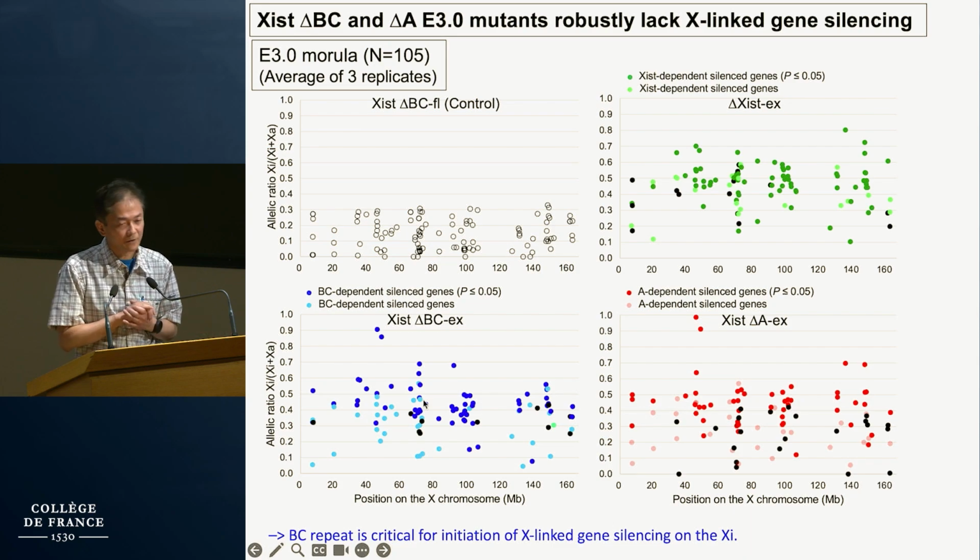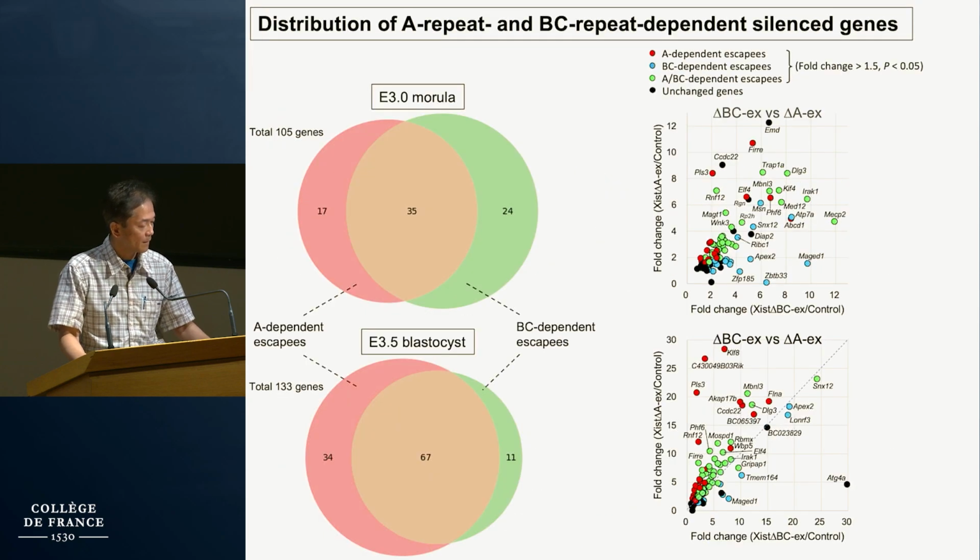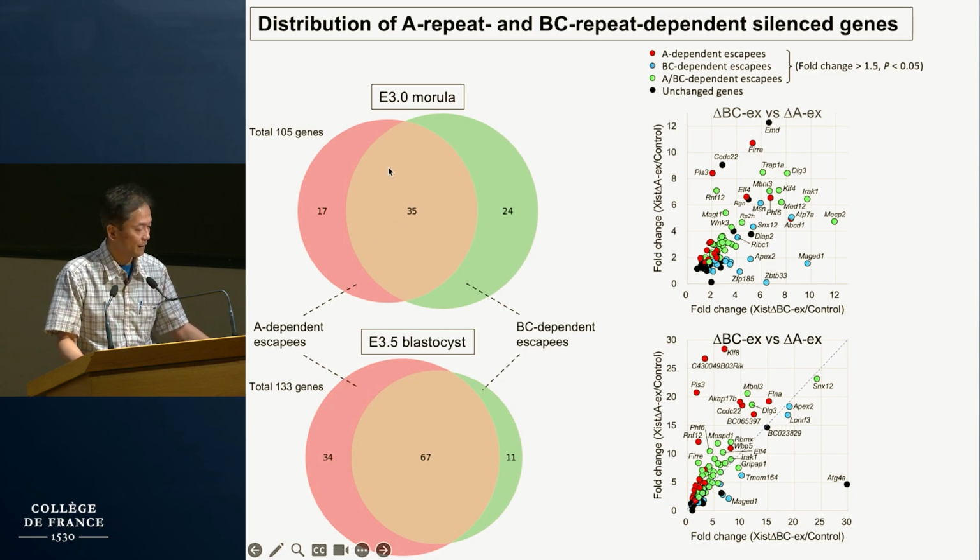So we conclude that BC repeat-mediated polycomb complexes are probably critical for X-linked gene silencing, the initiation of silencing in this in vivo situation. And if we compare A repeat dependent genes and BC repeat dependent genes, we saw actually partial overlap here.